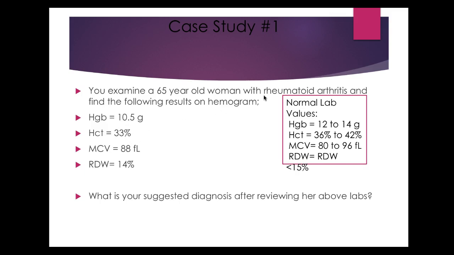Most likely, she has rheumatoid arthritis, so it's probably anemia of chronic disease. It's something that she's had. You'd probably want to look back at some past CBCs to see if that is chronic for her, and look into that further. Will they be on iron? They might be on iron if they have anemia of chronic disease, but a lot of times if it's a 10, 11, or 12, or just below normal, they may not be on anything.